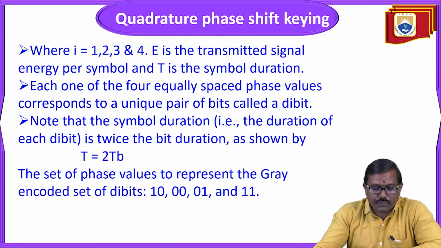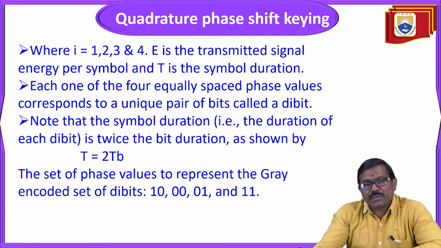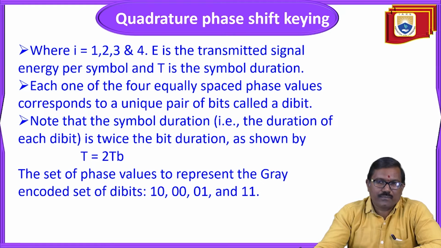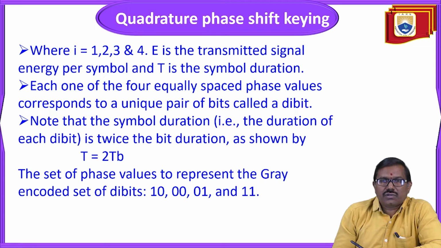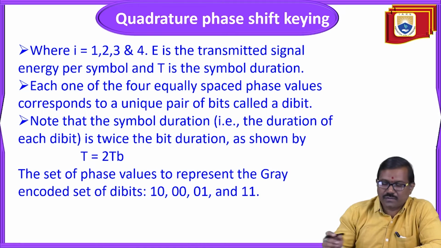So for pi by 4 it is 1 0, for 3 pi by 4 it is 0 0, for 5 pi by 4 it is 0 1, and 7 pi by 4 is 1 1. So the 4 phase values can represent these 4 gray encoded dibits.